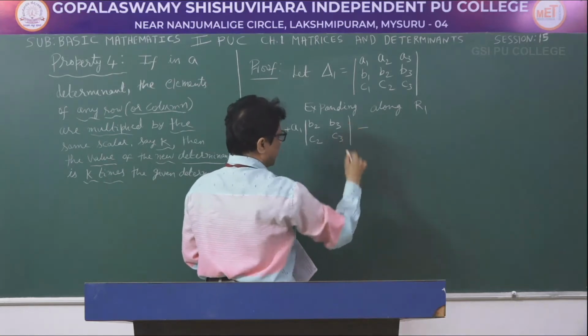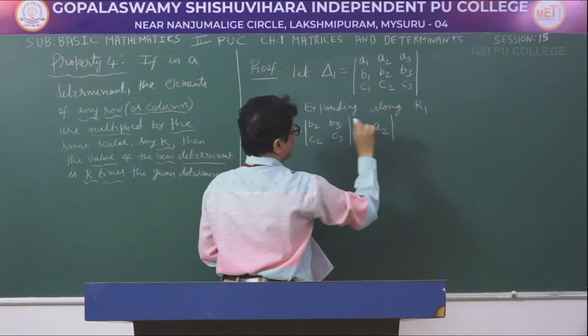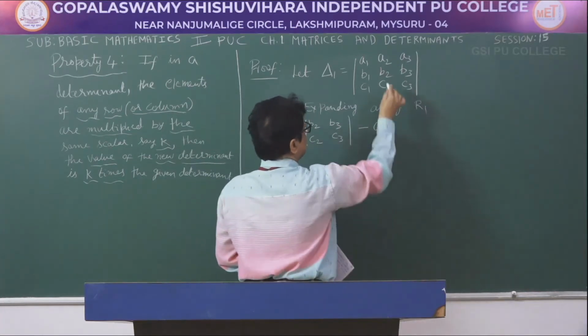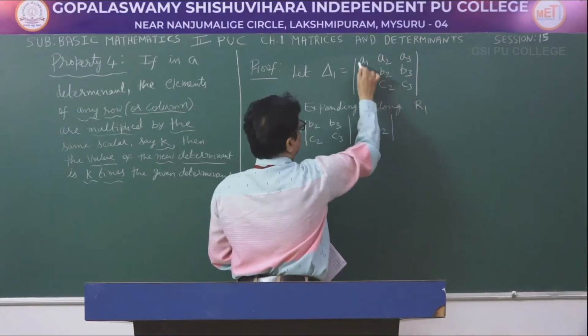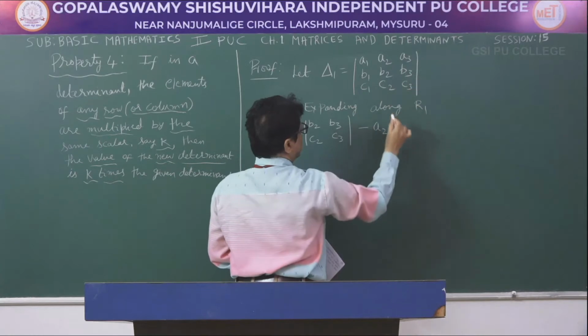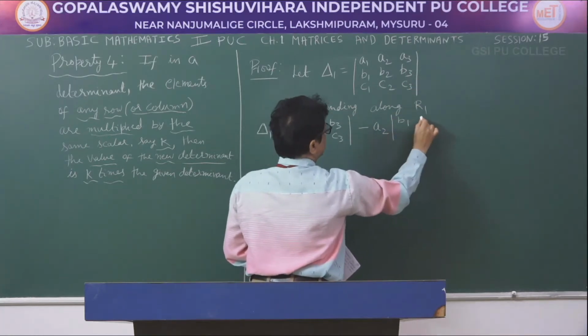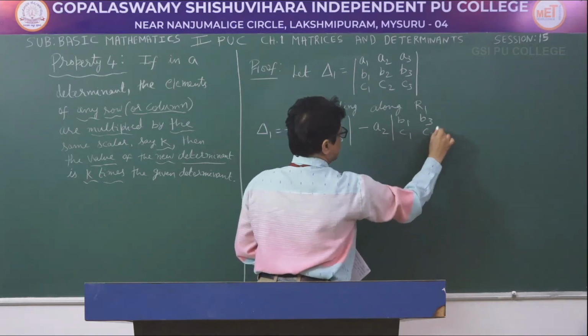Next we put minus, next element is a2 into determinant of, that is a2 lies in the first row and second column. We eliminate the first row and second column and take the determinant of the remaining elements, that is b1, b3, c1, c3.